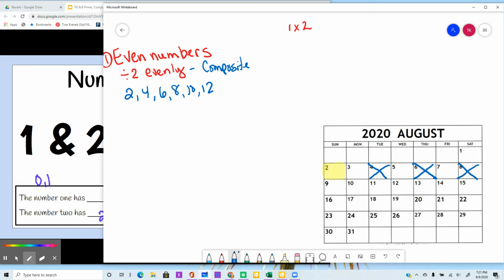And I'm just going to look through all my even numbers and mark them off, because I know that they can be divided by 2 evenly, not having a remainder. So that makes them composite.